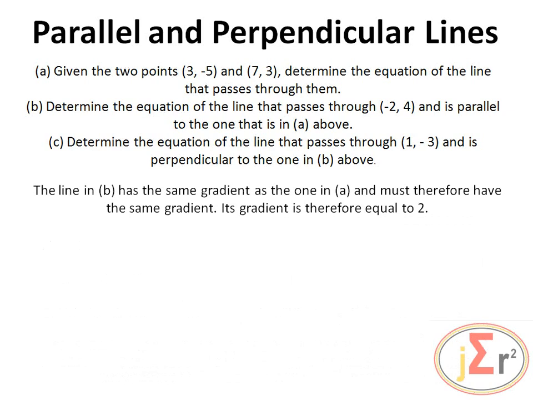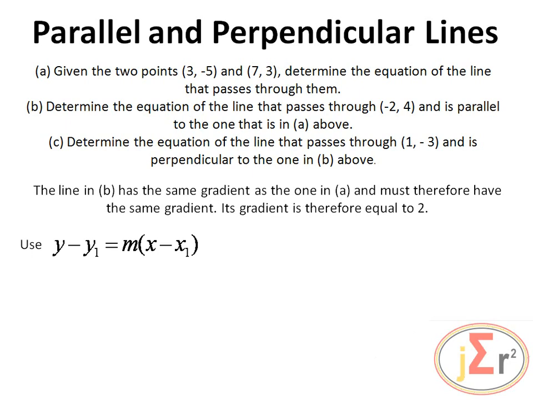The line in B is parallel to the one in A and must therefore have the same gradient. We know the gradient of the line in A is 2, so the line in B must also have gradient equal to 2.